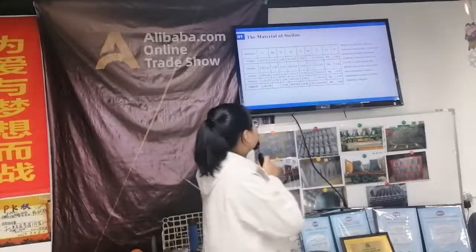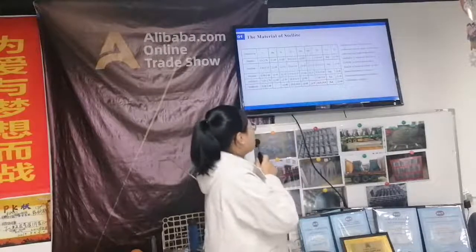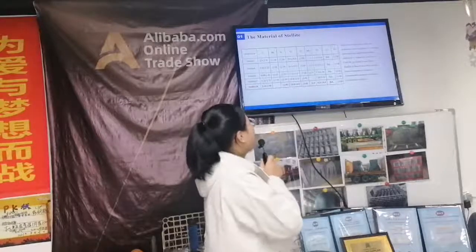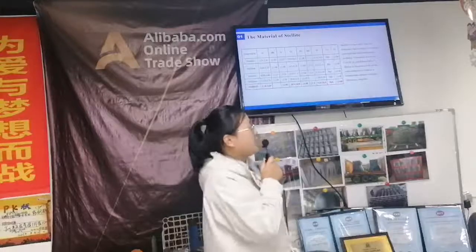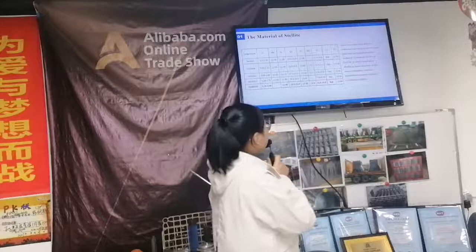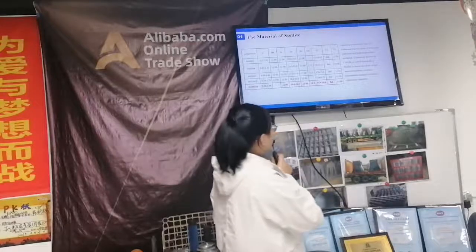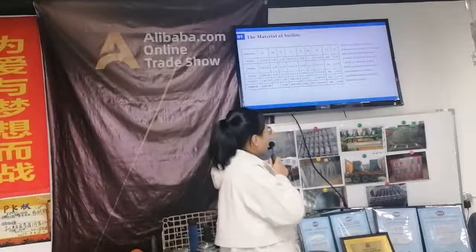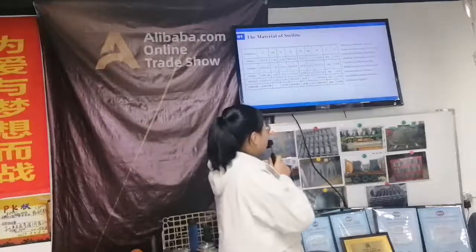Stellite 6. For carbon is 0.9 to 1.4%. For manganese is less than 1.0%. For silicon is less than 1.5%. For chromium is 27 to 31%.